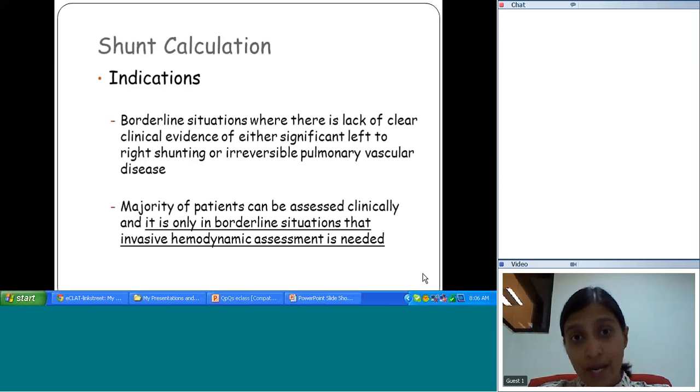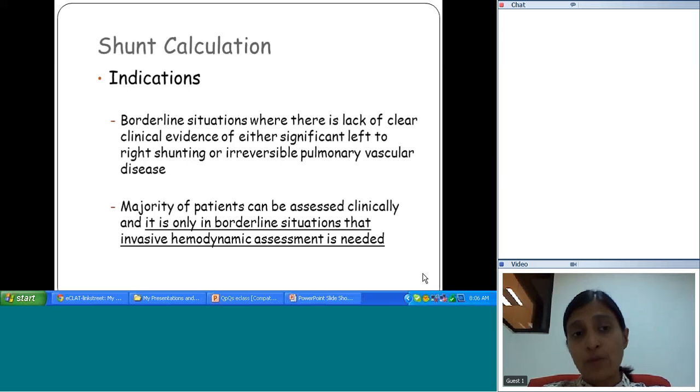Now, on the other end of the spectrum, you have patients who are clearly inoperable, i.e. they do not have signs of increased pulmonary blood flow. They may have had it when they were infants, but now they have reached a stage where there is pulmonary vascular disease, and some of them may even be cyanosed or clubbed. So at this end of the spectrum as well, it is clear clinically that they are inoperable.